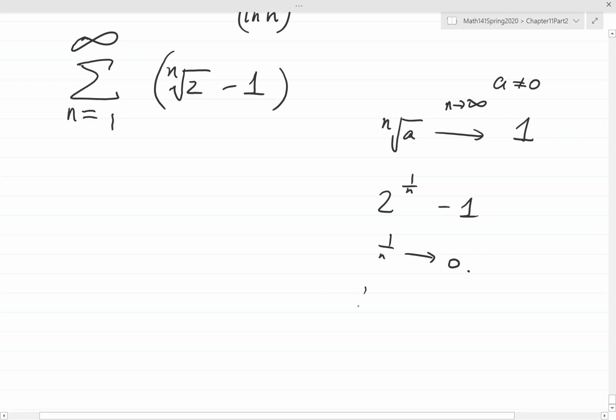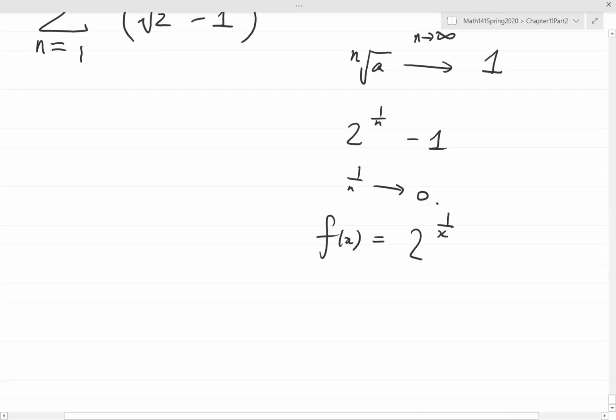If we study the function f(x) equals 2 to the power 1 over x, then the limit as x approaches infinity of f(x), 2 to the power 1 over x, is actually 1.